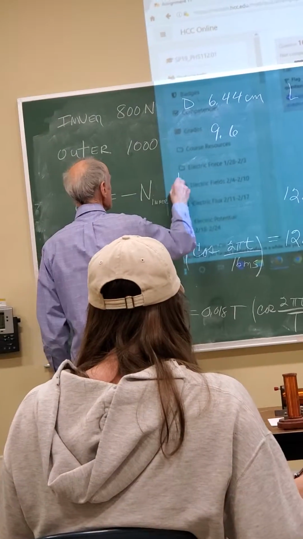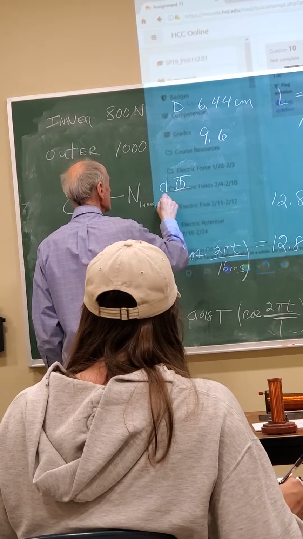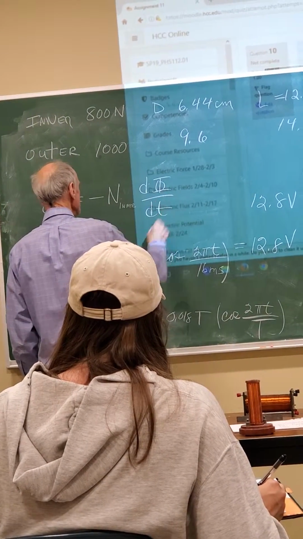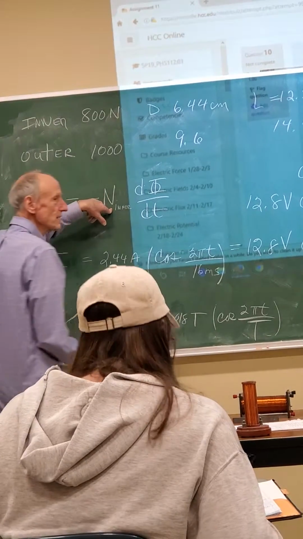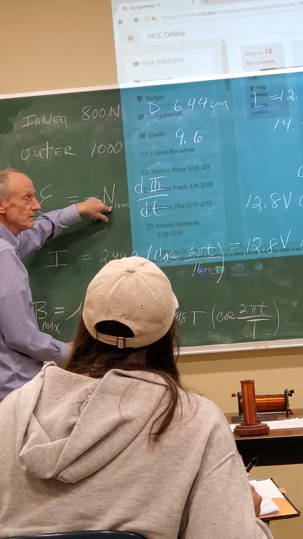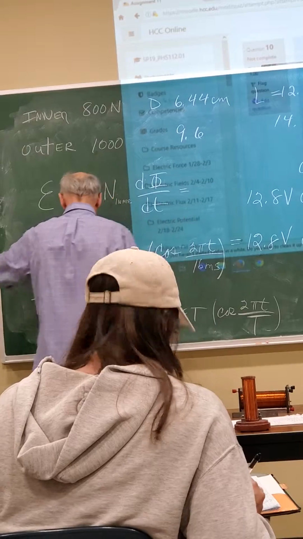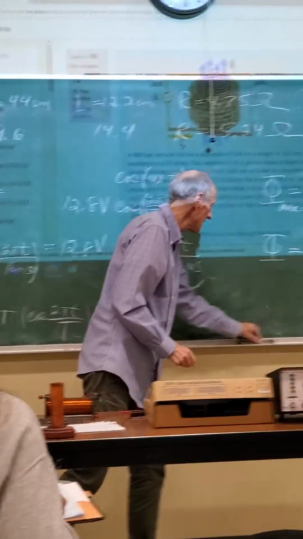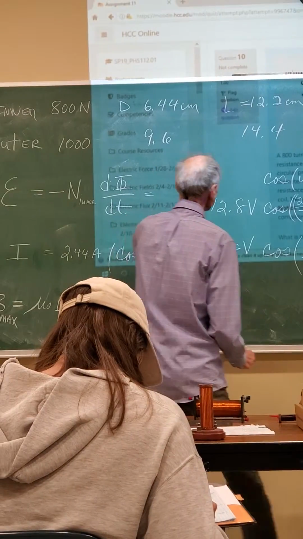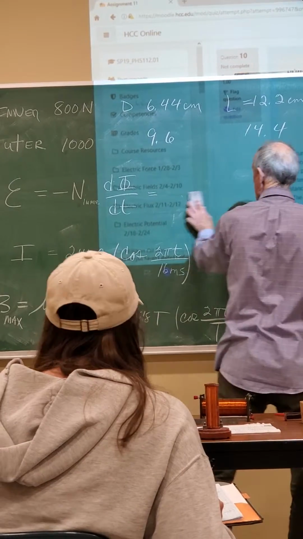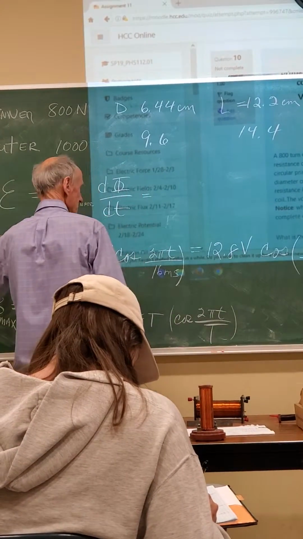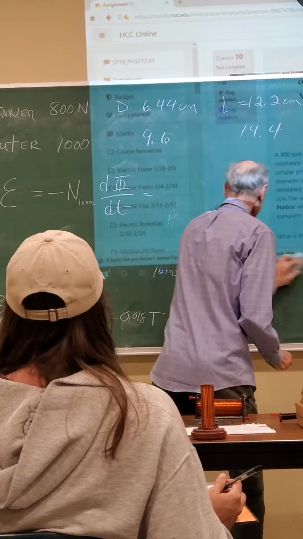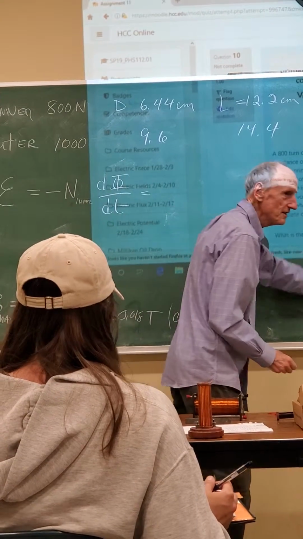Now you go to the number of windings on the inner coil. And you're going to take the derivative now. For the first time, I think, you do have to do some differentiation.